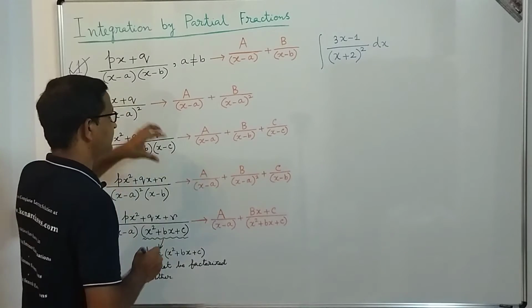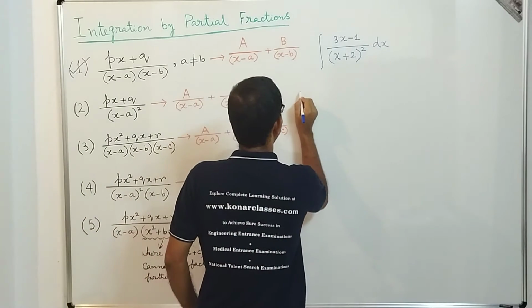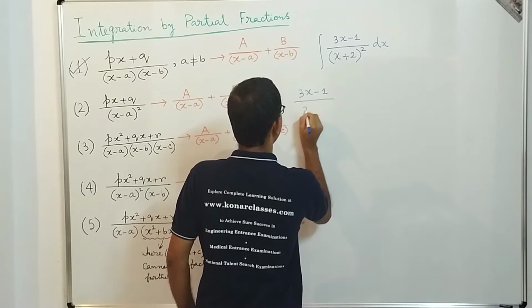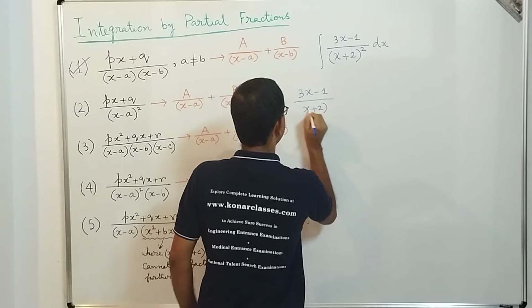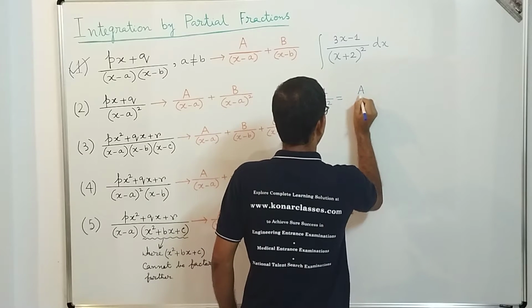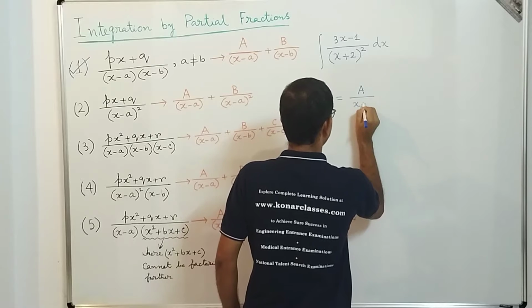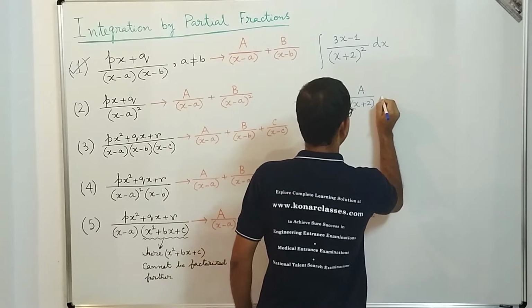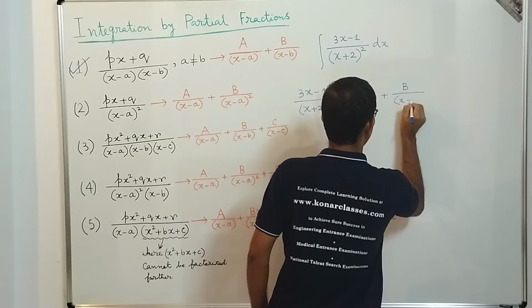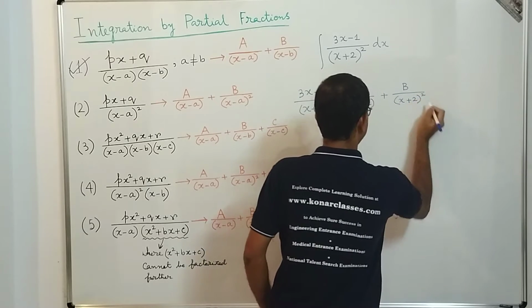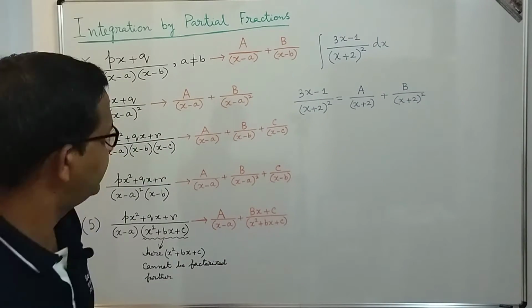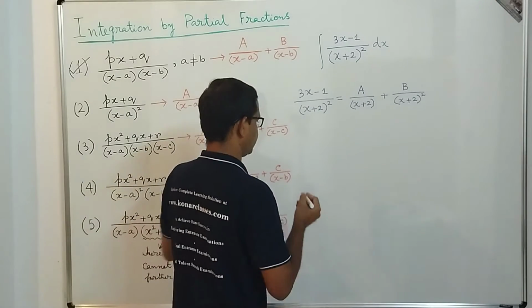We write 3x minus 1 divided by x plus 2 whole square as A by x plus 2 plus B by x plus 2 whole square. This is the way we can express the partial fractions of 3x minus 1 by x plus 2 whole square.